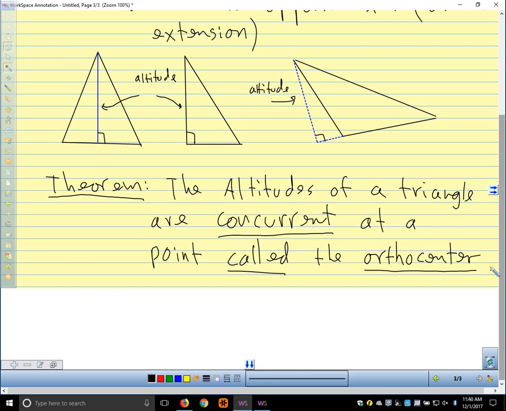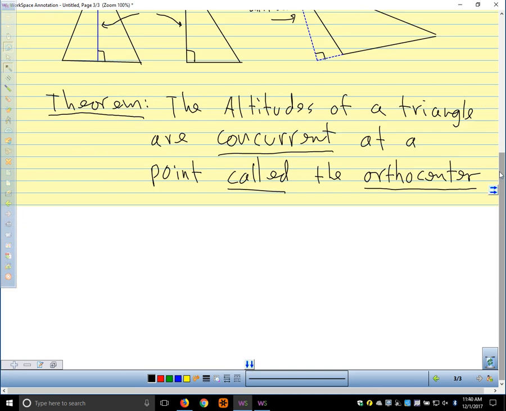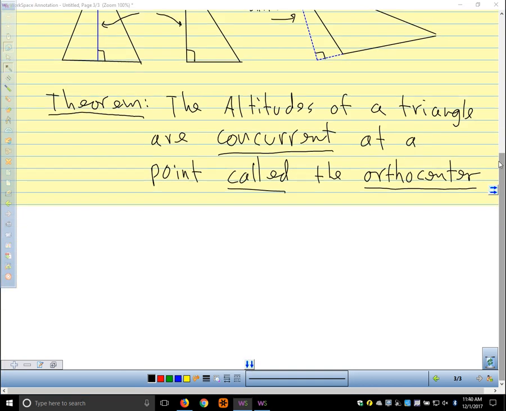So again, there's no real reason to expect that all three of the altitudes would meet at one point, but they do. Now there's not a circle, or anything other than the fact that all the altitudes meet there. There's no additional information about the orthocenter that's special. All the altitudes meet at a point called the orthocenter.